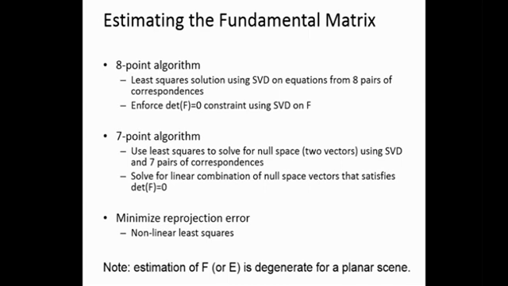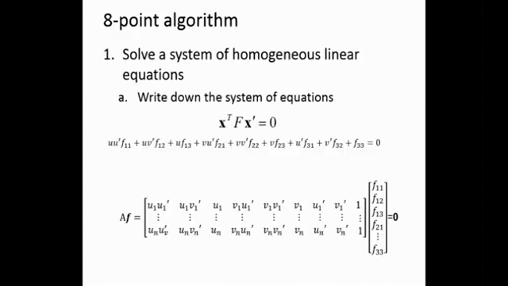It's easy to detect that your solution is invalid, because if you draw your epipolar lines, they won't intersect at a single point.